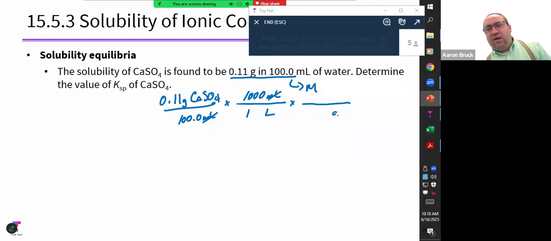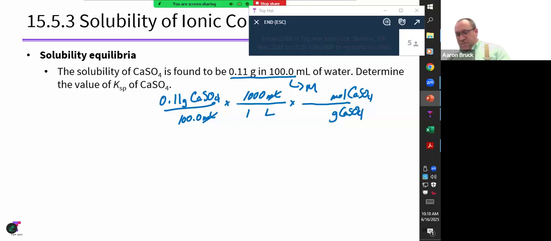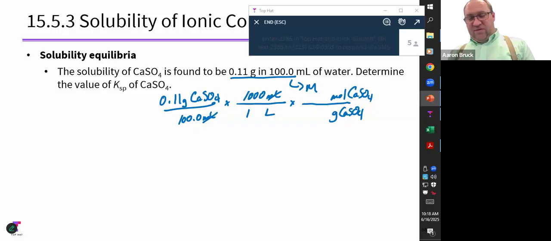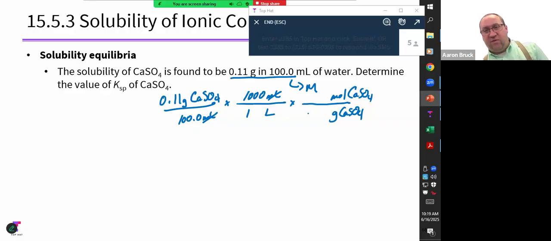And then I want to turn the grams of calcium sulfate into moles. And for that, I'm going to need molar mass. Calcium is 40.08. Sulfur is 32.07. Oxygen is 16, and there are 4 of them. Total is 136.15.